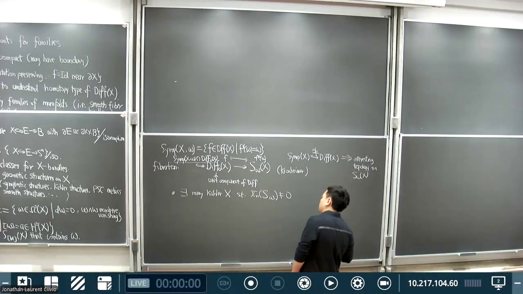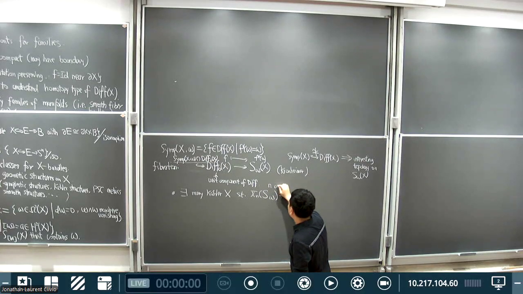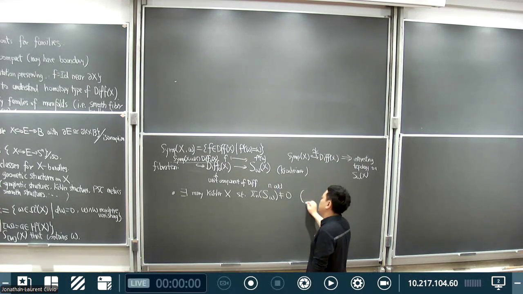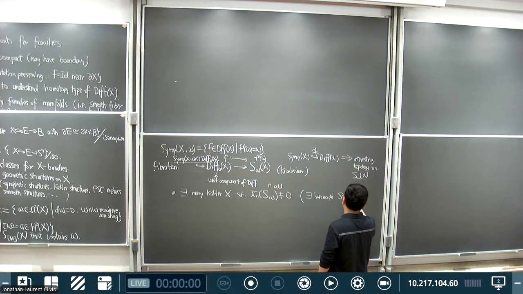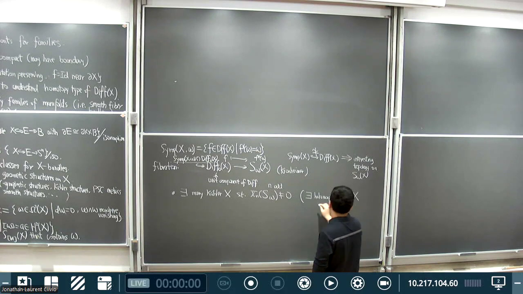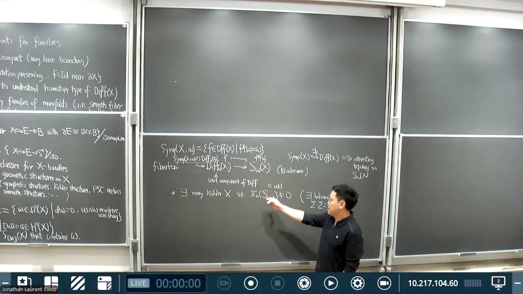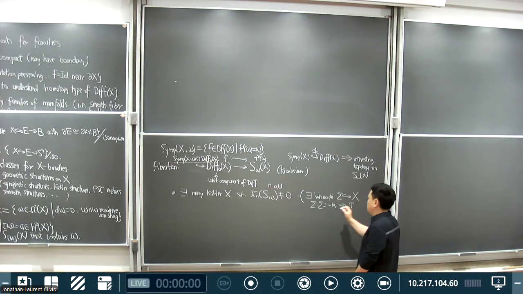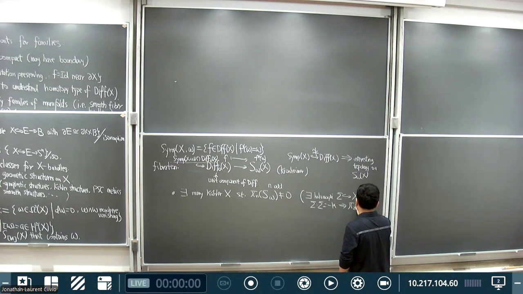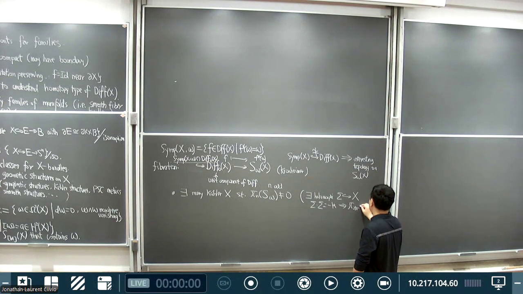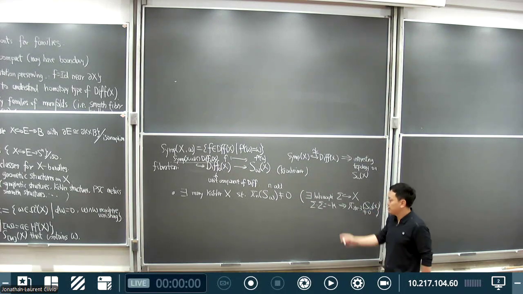Here n is an odd number. Roughly speaking, if there exists a holomorphic sphere in X with negative self-intersection, then one can establish some count, under some mild assumptions.